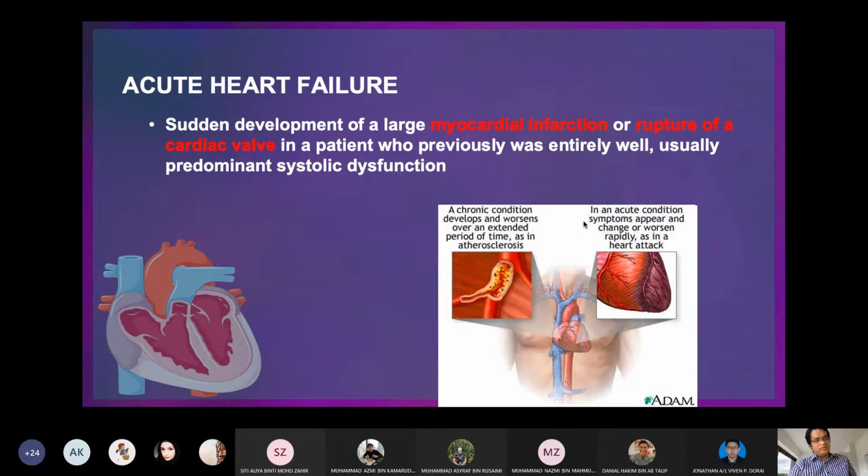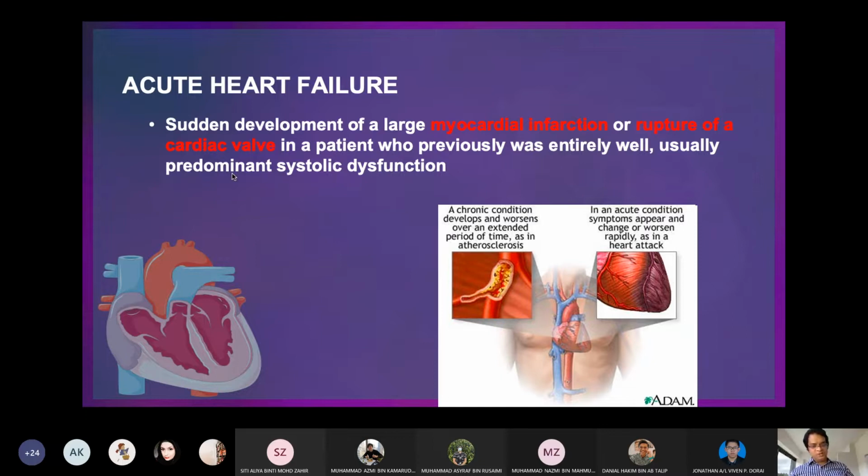Chronic heart failure is much more common, because many acute heart failure patients die even within the ambulance. The reason is massive myocardial infarction, or sometimes severe grade 3 hypertension, where there may be rupture, especially rupture of the aortic valve or even the aorta. That is quite common.